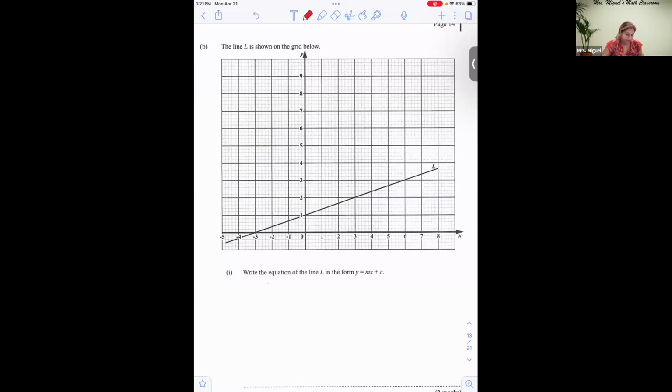Right? So in this question, you are just expected to find the gradient. You could use 2 points: (6, 3) and (3, 2).